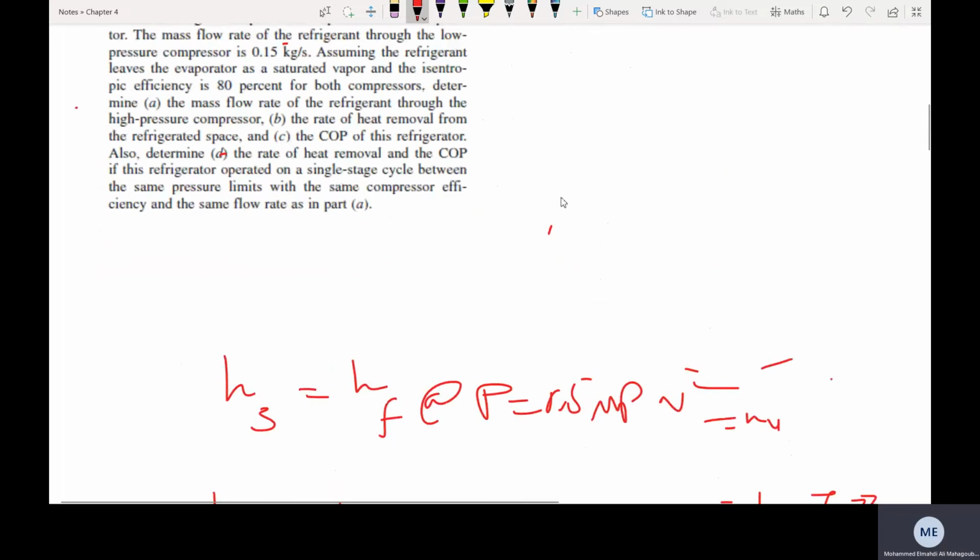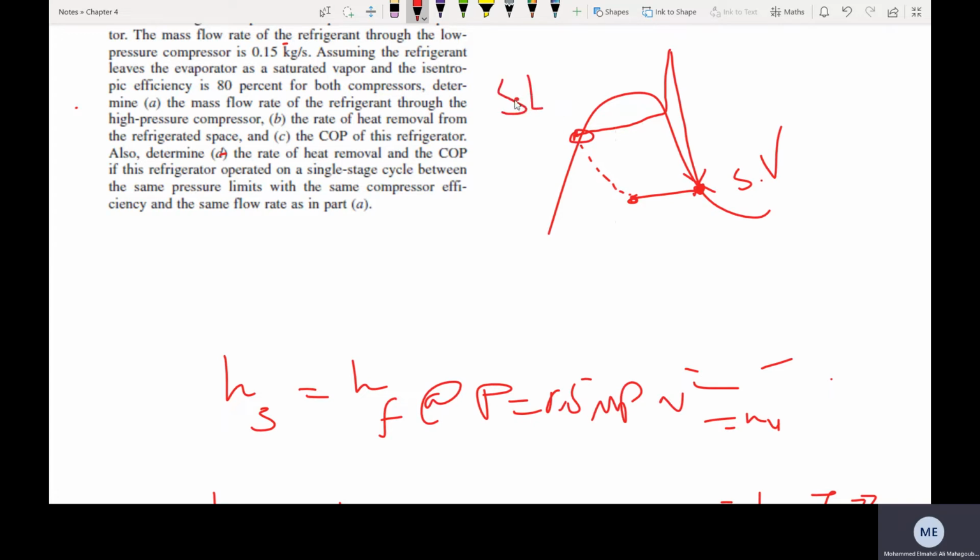So always in the refrigeration cycle, you start from here, and then you go like that, and then you have something like this. Always, if you don't have enough information, take the first point as saturated vapor and take this point as saturated liquid.